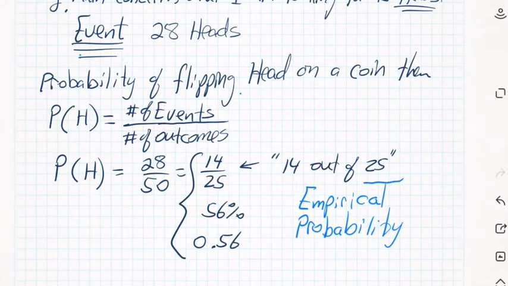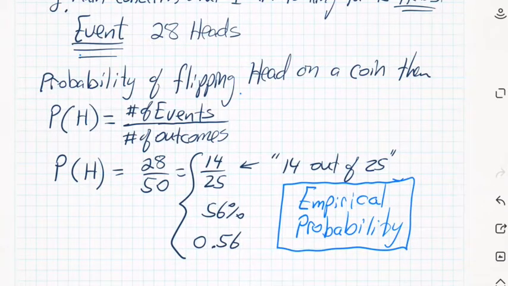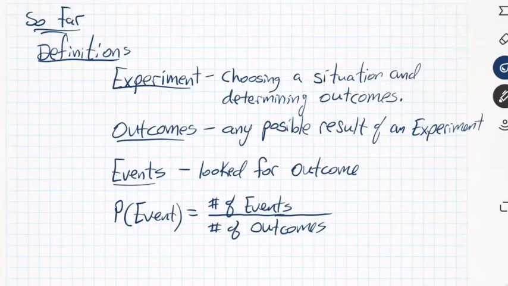So one type of probability is you actually go out and collect data and then use that data to create your probability. So this is called an empirical probability because I actually took the coin and flipped it 50 times to do this experiment.